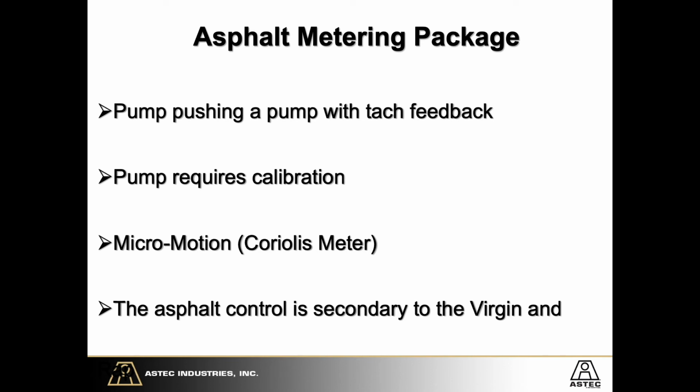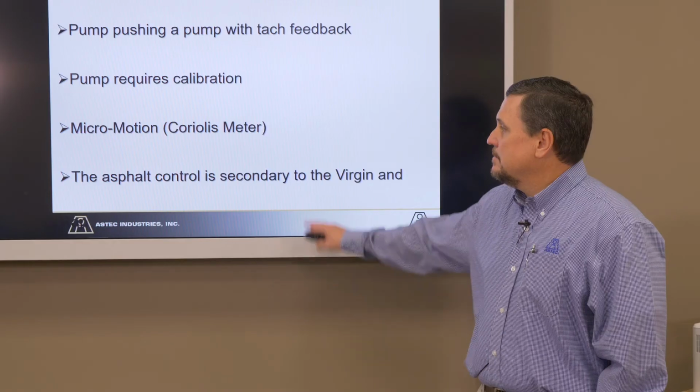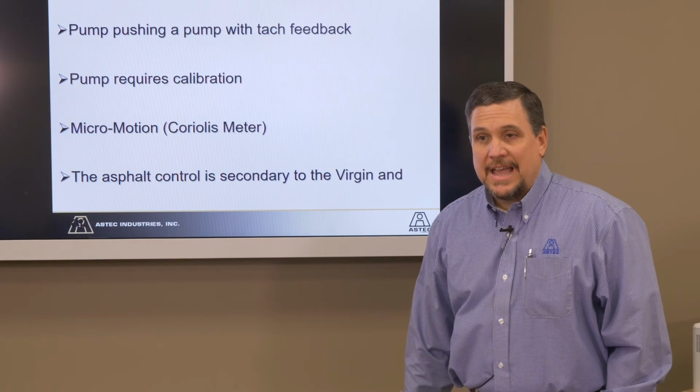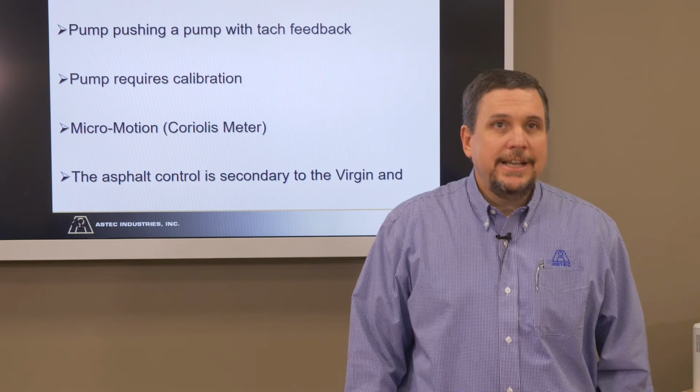As we talked about, the pump pushing a pump has a tach feedback. The pump does require calibrations. One of the things that we see more and more in the industry is a Micro Motion or a Coriolis meter. The asphalt control is secondary to the virgin and to the recycle. These Micro Motions, as far as accuracy, are very, very accurate.